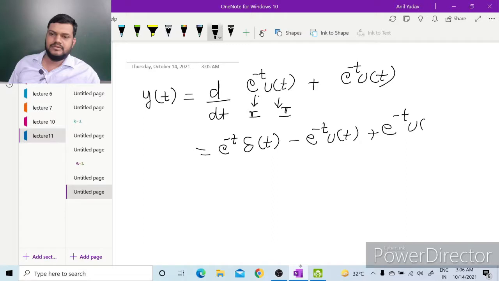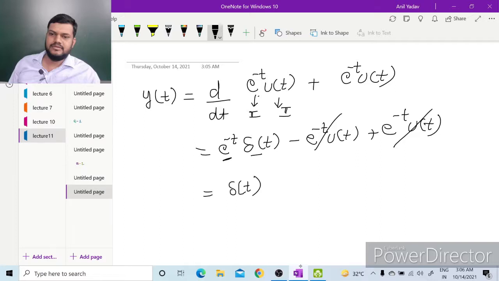We know x(t) multiplied with δ(t - t0) is x(t0) δ(t - t0). Here t0 is 0, so x(t0) becomes 1. So the overall output becomes δ(t).